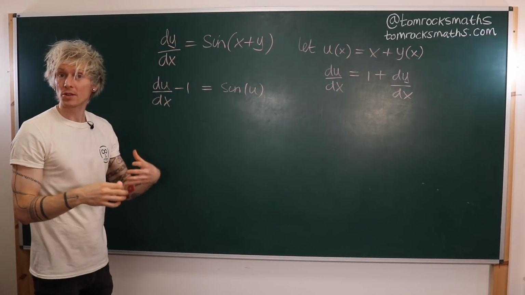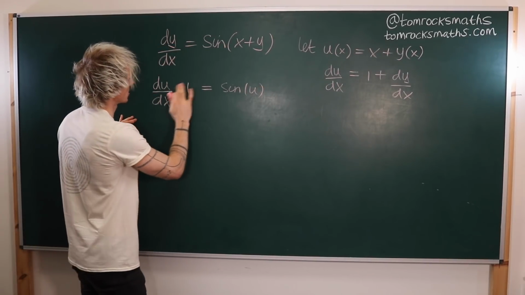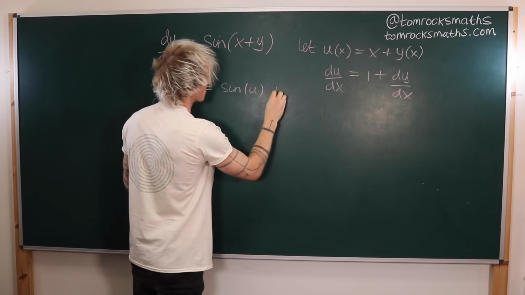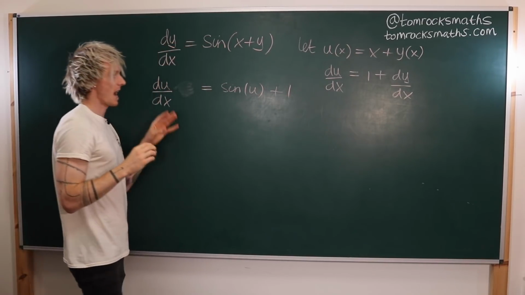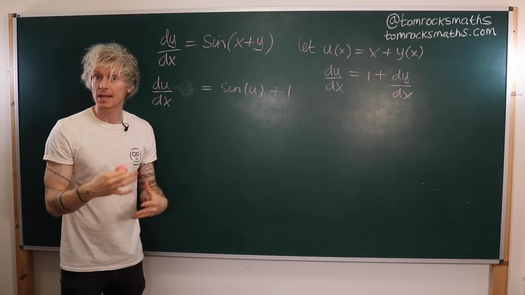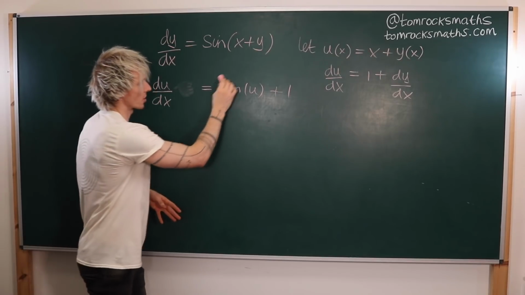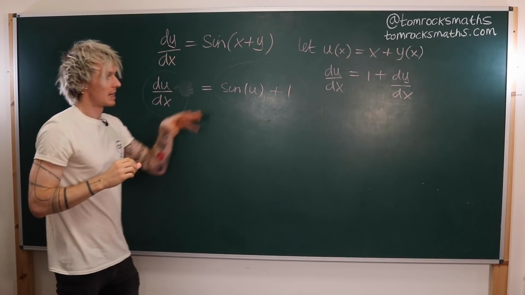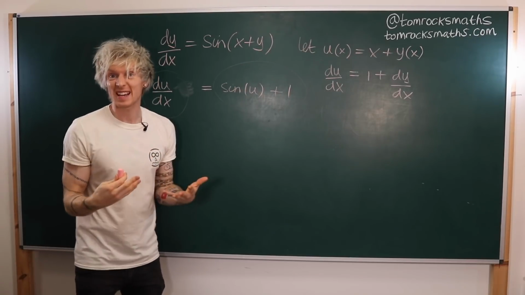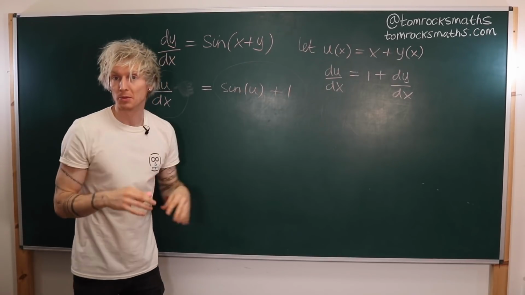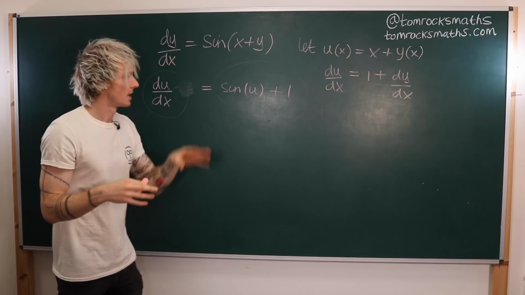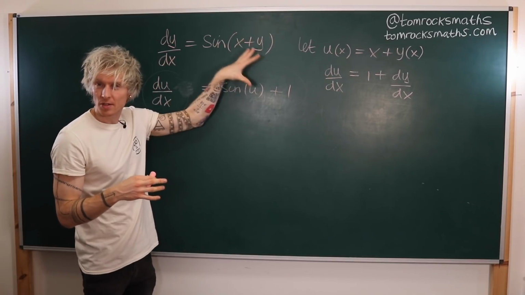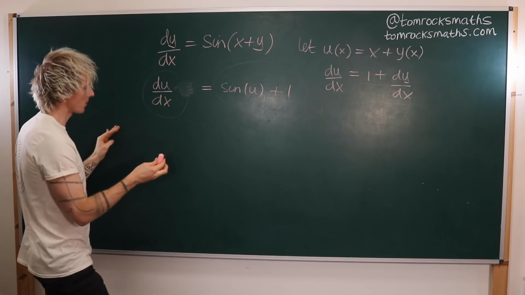Now I'm going to add 1 to both sides. So get rid of that, put the plus 1 here, and now it is indeed in separable form. I have a function of u, I've got my du by dx term, and then my function of x here is just the constant multiplying everything, which is 1. So I'm going to take the function of u, bring it over to the left.